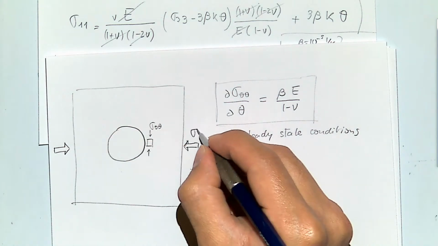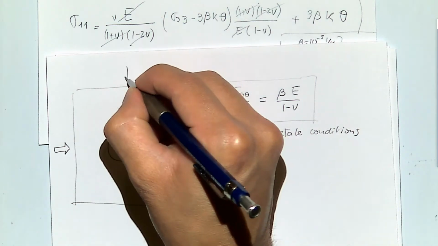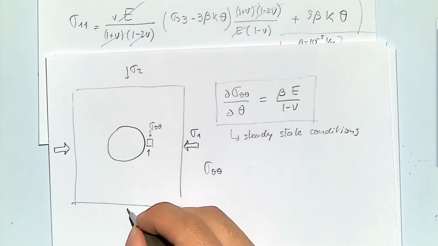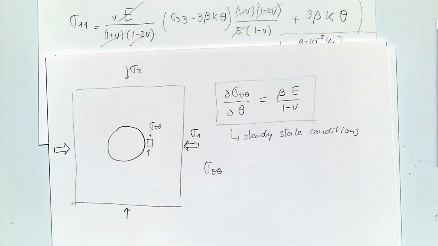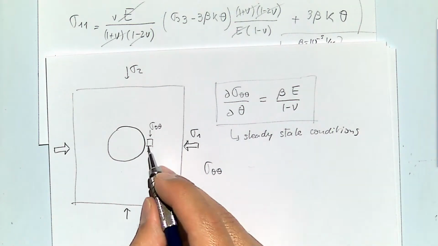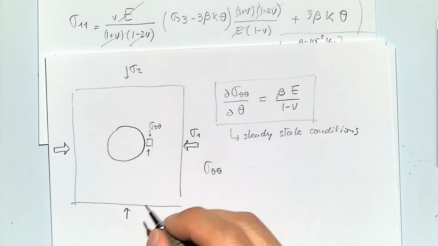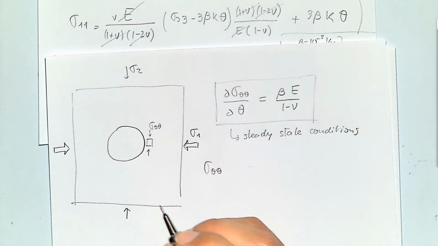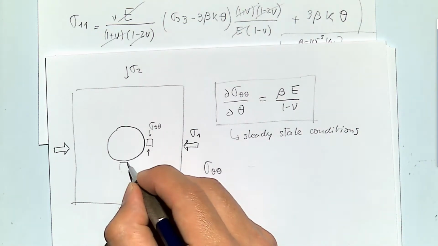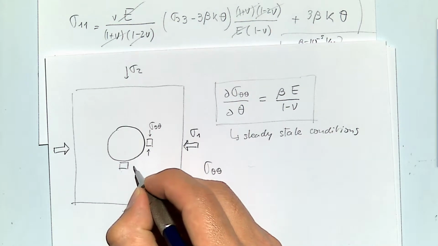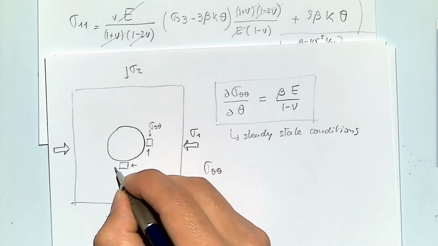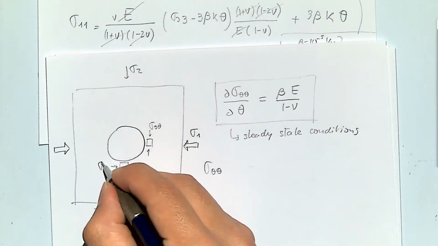Let's say this one is sigma 1 and this one is sigma 2, with sigma 1 larger than sigma 2. At a position like this one, you're going to have that change. And at a position here, you're going to have this hoop stress.